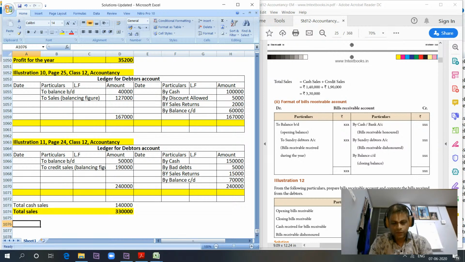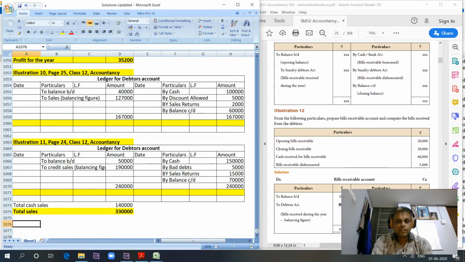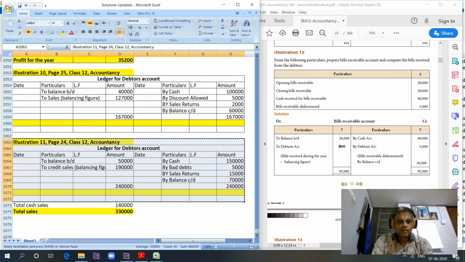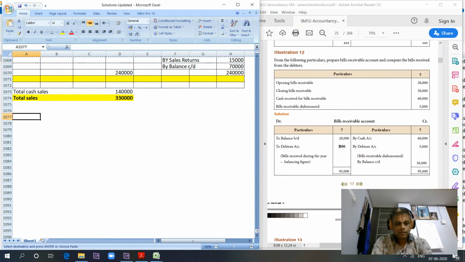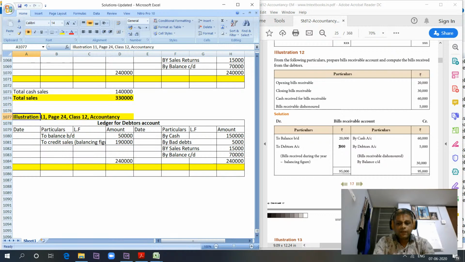If not, the amount will get transferred back to the debtors account as an amount due from the customer. Any bills dishonored will be transferred back to the customer's account, the debtors account. Hope this is clear. Please let me know if some clarification is required so I can address that.